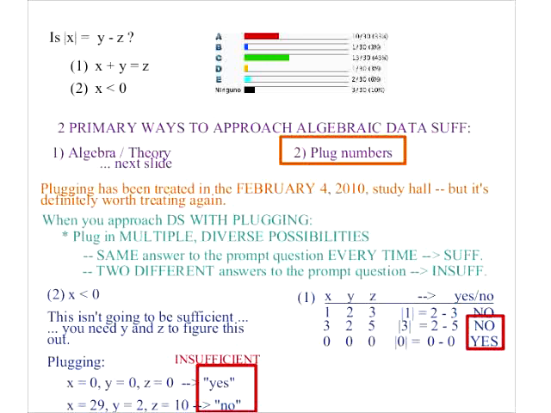So this is insufficient. Also, if you try negatives for x, you don't have to at this point because you're done. You proved that it was insufficient. But if you try some negative value for x, negative 1, negative 2, negative 3, then you get is absolute value negative 1 equals y minus z, negative 2 plus 3. So that would also be a yes.